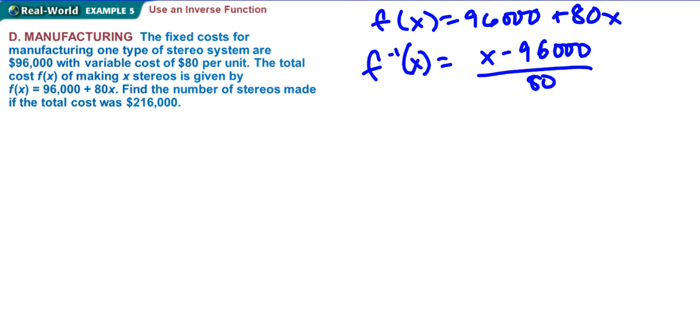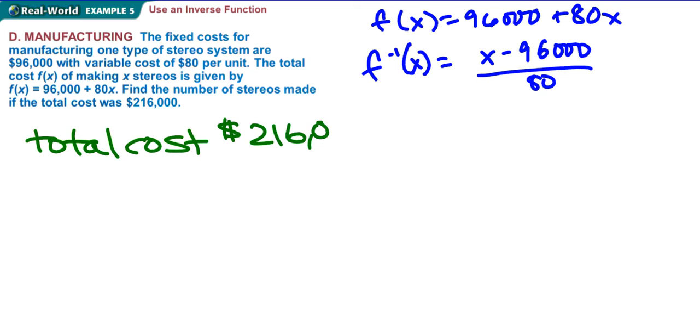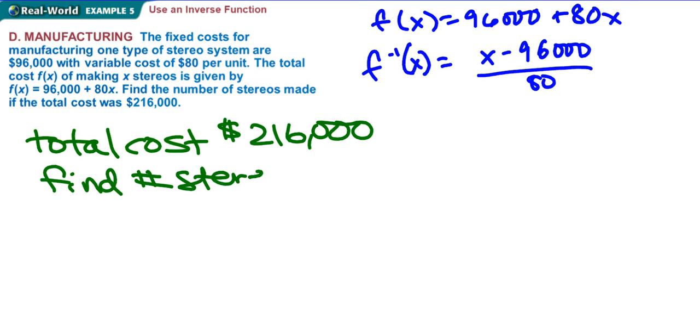And so it says find the number of stereos made if the total cost is $216,000. So our total cost is $216,000, and we have to find the number of stereos. Which rule should we put it in? The inverse. So we're going to use the inverse, and if we use the inverse, 216,000, is it x or y? It's x, right? So we kind of have to flip everything around.